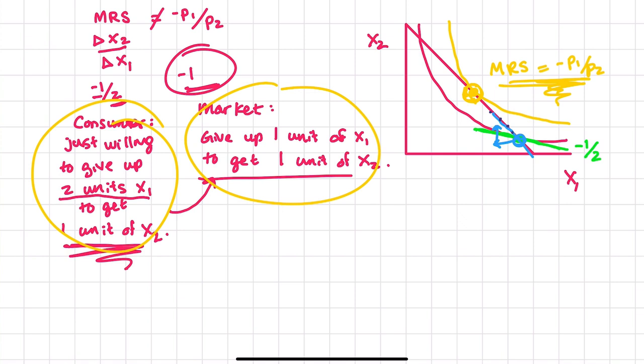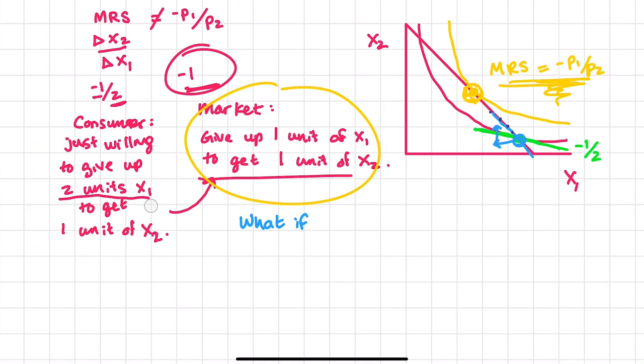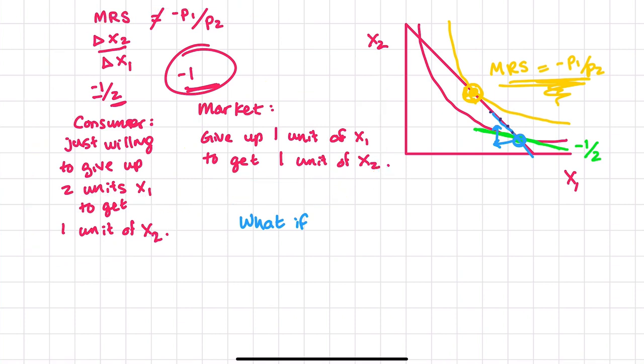Now, I have one more thing to talk about. Say we're in this same scenario right here with the marginal rate of substitution. This is getting a little messy. Let me clean this up a little bit. So what if we're still here in this scenario where the marginal rate of substitution is -1/2, the price ratio is -1.